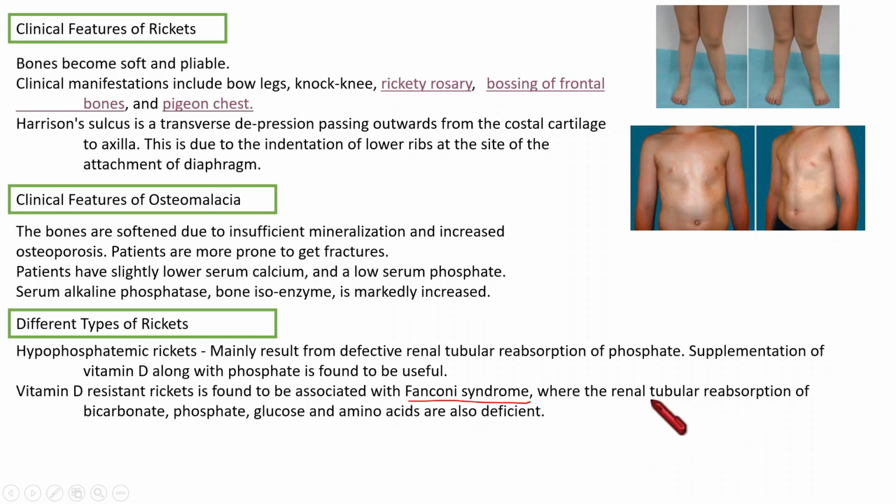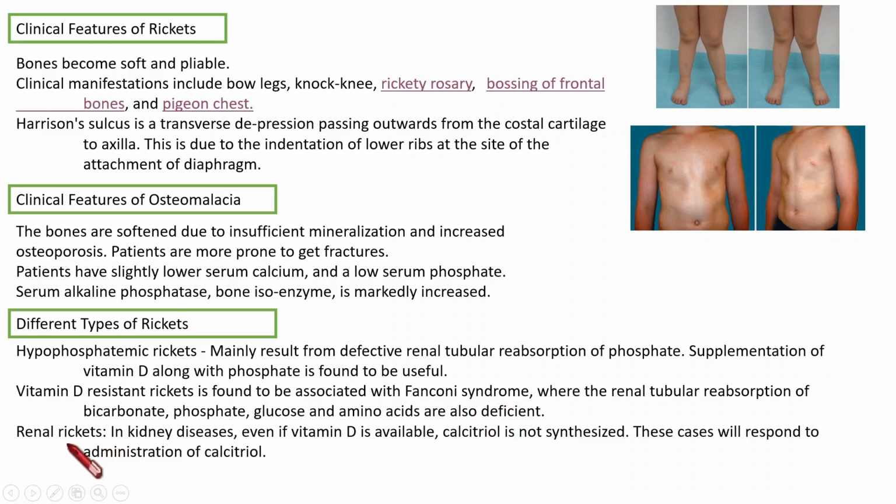There, the renal tubular reabsorption of bicarbonate, phosphate, glucose, and amino acids is not taking place properly. That may lead to this vitamin D resistant rickets. Even though vitamin D is present, its reabsorption is not properly taking place. And that is leading to a syndrome called Fanconi syndrome.